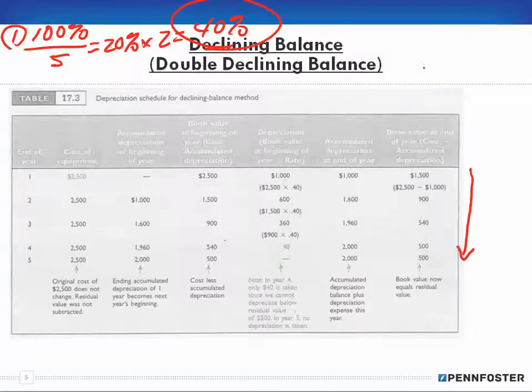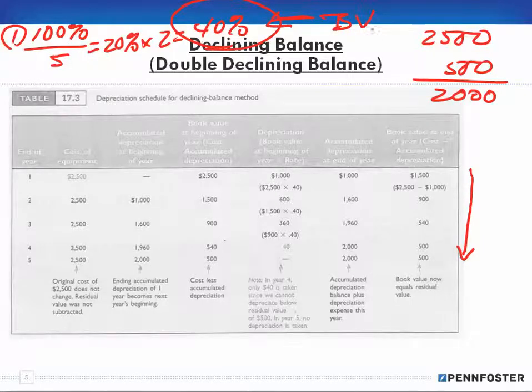Remember, we start out with a purchase price of $2,500, and we want a residual value of $500, which means we can only depreciate the asset by $2,000. But because we're using a percentage of the book value, the math has already been done here, and I'll cover the math, but I'm using it as an example to illustrate this point.